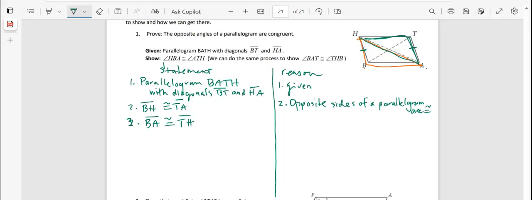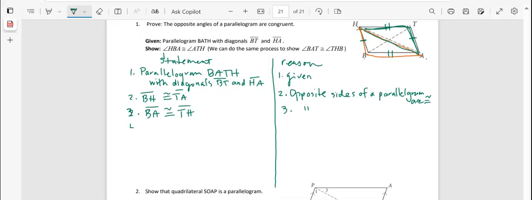Notice how I'm being very careful to work with my correspondence. So again, if I go B to H, I go T to A. If I go B to A, I go T to H. That's very important. And just to prevent myself from having to write that all again, I'm just going to put the two little hash marks, which mean repeat what was above.